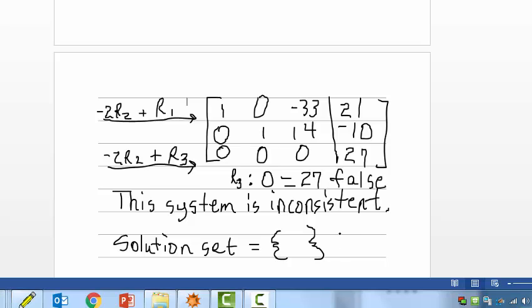And so this is always what an inconsistent system will have when you are row reducing the matrix. It will have a row that has all zeros left of the dividing line and a non-zero right of the dividing line on that same row.